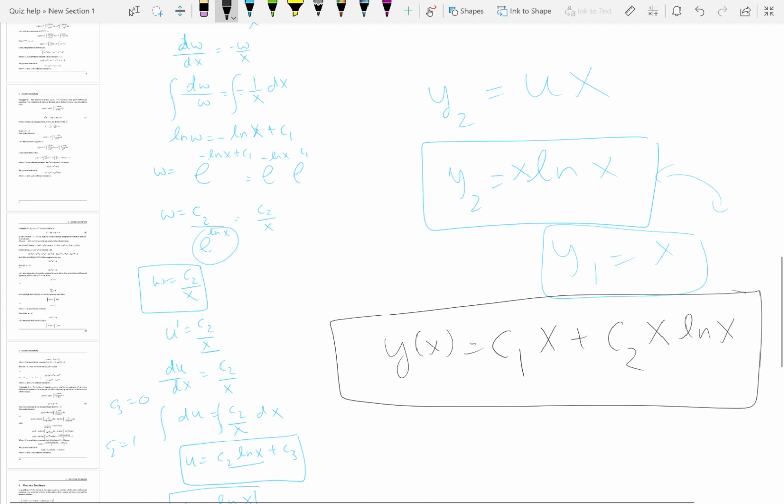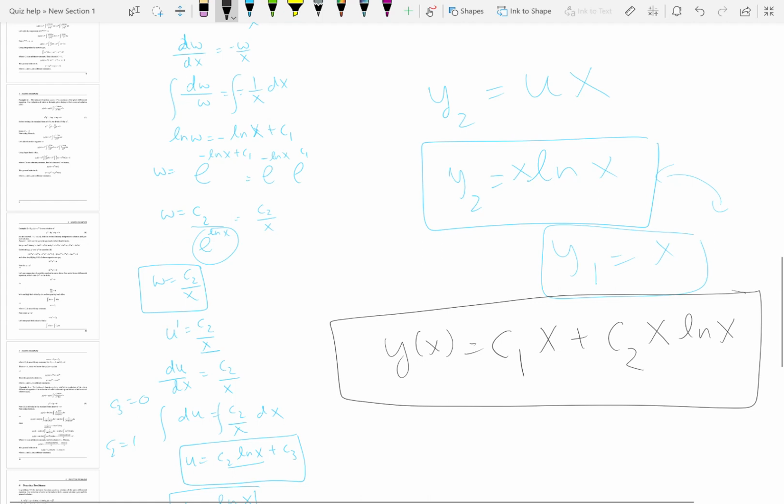Make a change of variables: w is u prime, and rewrite it as a first order differential equation of w. Then solve that first order differential equation. It could be separation of variables, could be the integrating factor method. Use the appropriate method and solve the differential equation.